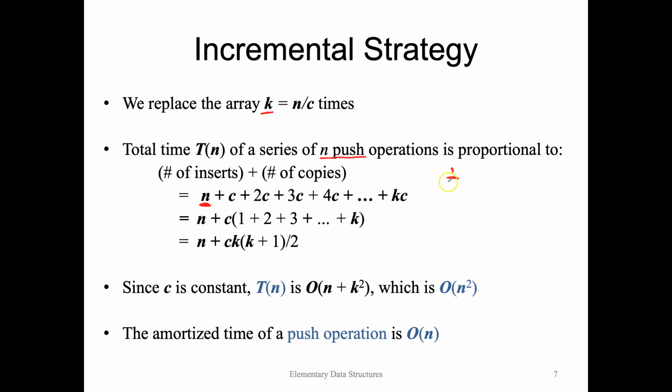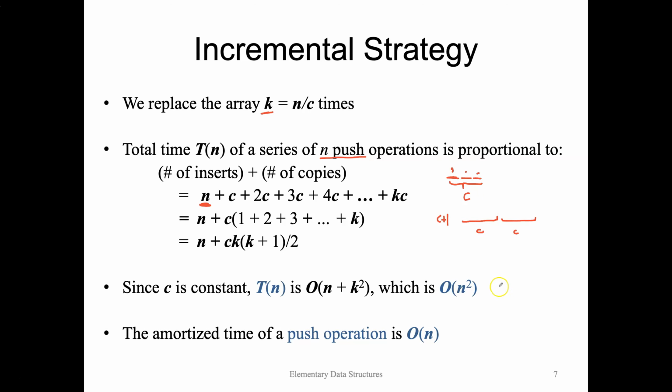And then the next time, we'll create an array of size c, however many elements c is. So we'll be able to push c items in here until we have to create a new array once this is full. So once we go to add the c plus 1th item, we'll have to create a new array of the size of our old array c, and then we'll add an extra c items at the end of it.